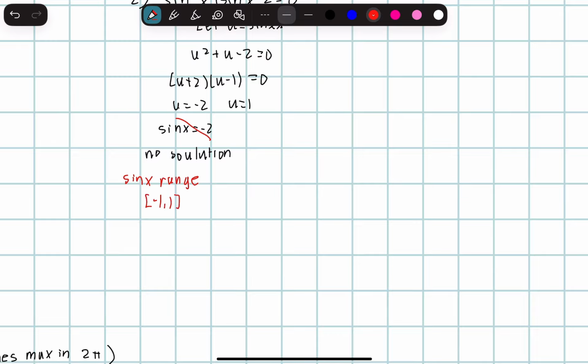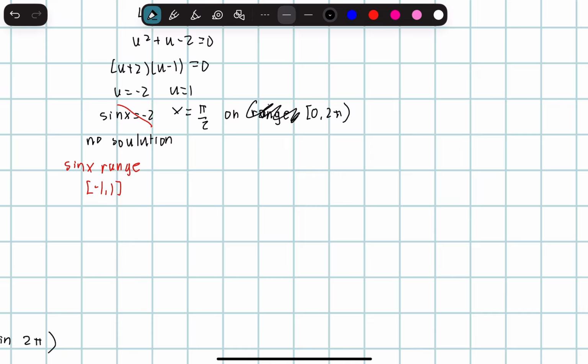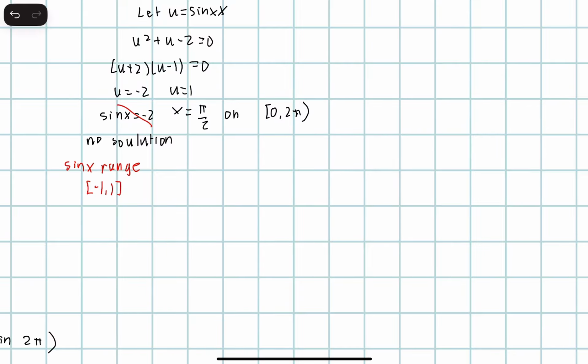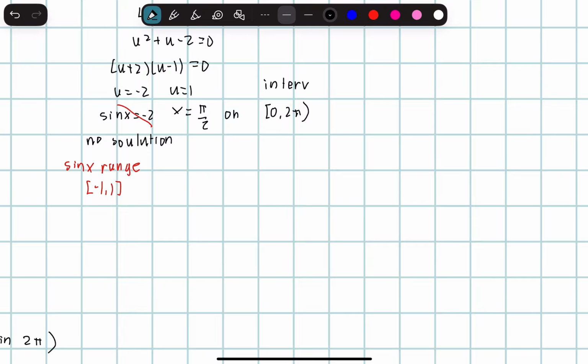Now for u equals 1, that's just going to be x is equal to pi over 2 on the interval 0 to 2 pi. So x equals pi over 2 is the only solution. You can just box that.